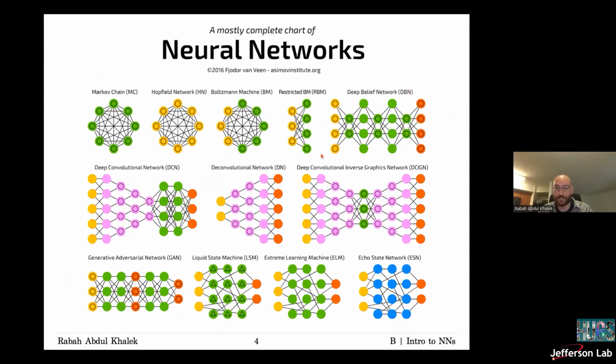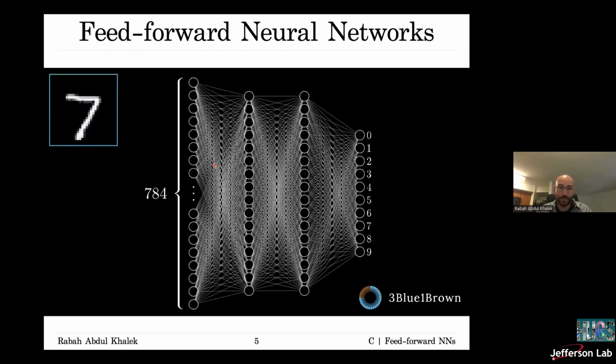You have the convolutional neural networks and deep convolutional neural networks that are useful for image processing, where each layer can learn specific features of your image, etc. So you see the range is large. I'll be talking mainly about feed-forward neural networks.